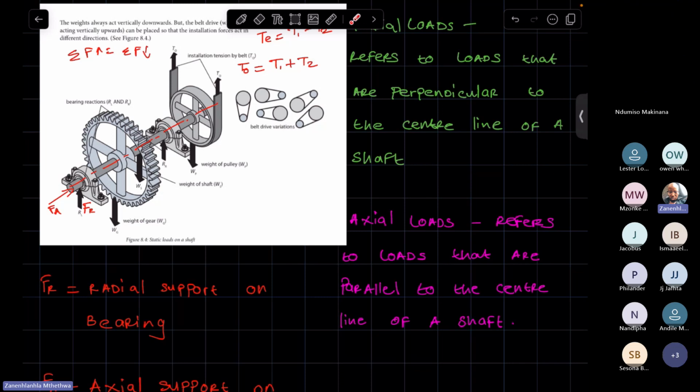If you are asked to state maybe two conditions of equilibrium, instead of writing that long story, you could simply just use this here. This is a mathematical symbol called sigma. So this is sort of like shorthand for that long story I just said.